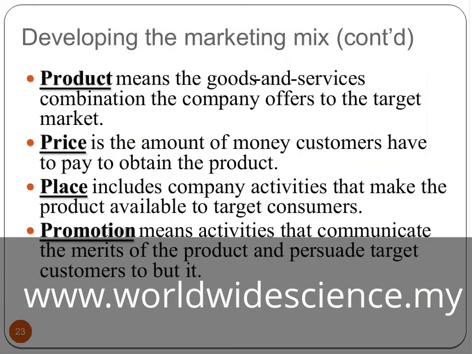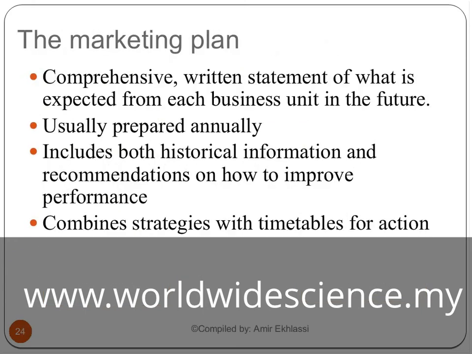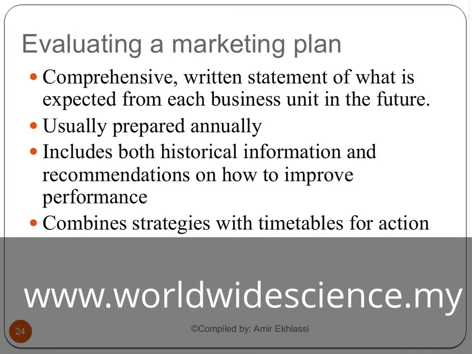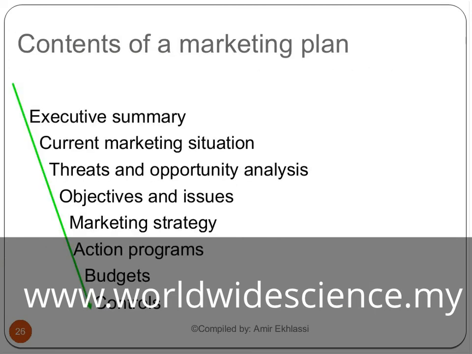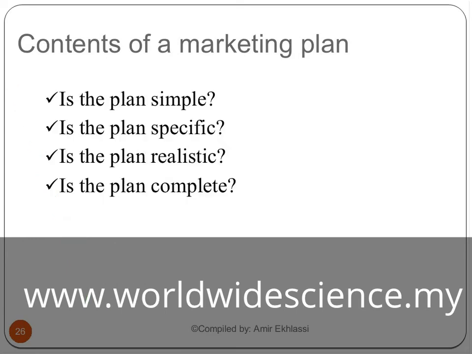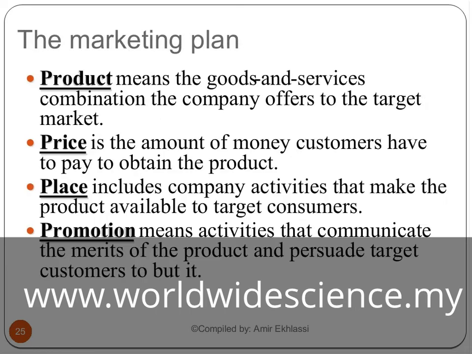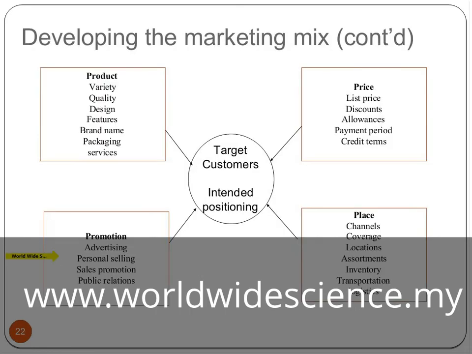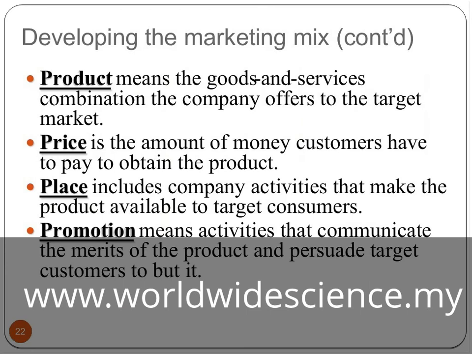So in this case, I will show you again, yes, 7 Ps or 8 Ps or 9 Ps and many Ps. The most important thing is people. But it doesn't mean people is different from these 4 Ps. People includes customers, your employees, your partners, your shareholders, and all of them are included in this diagram.